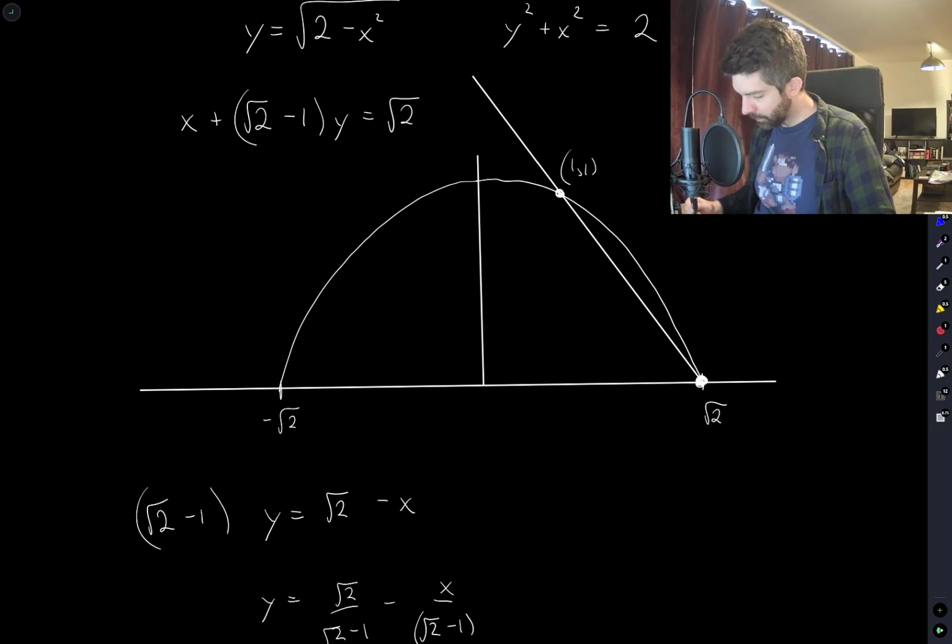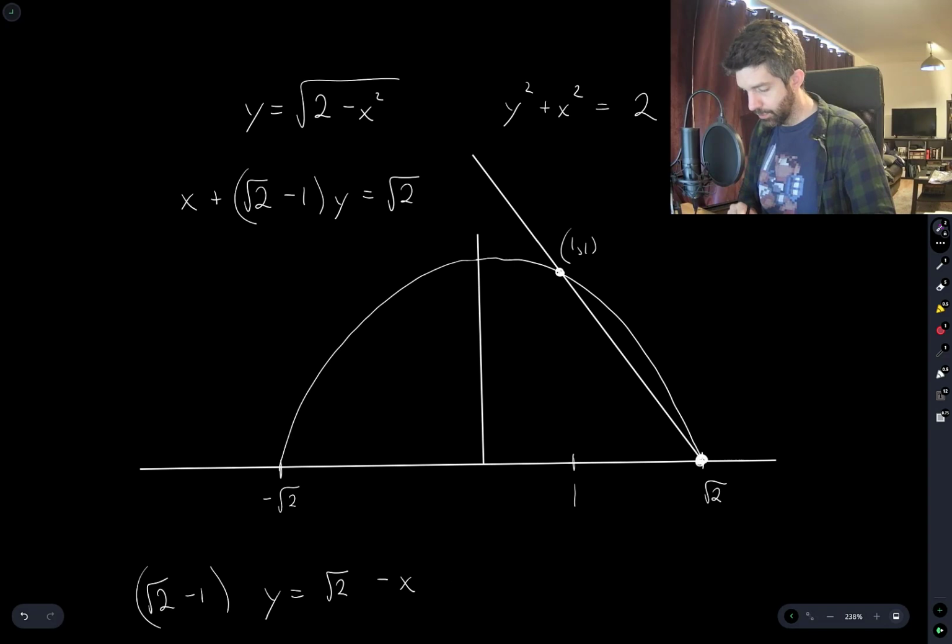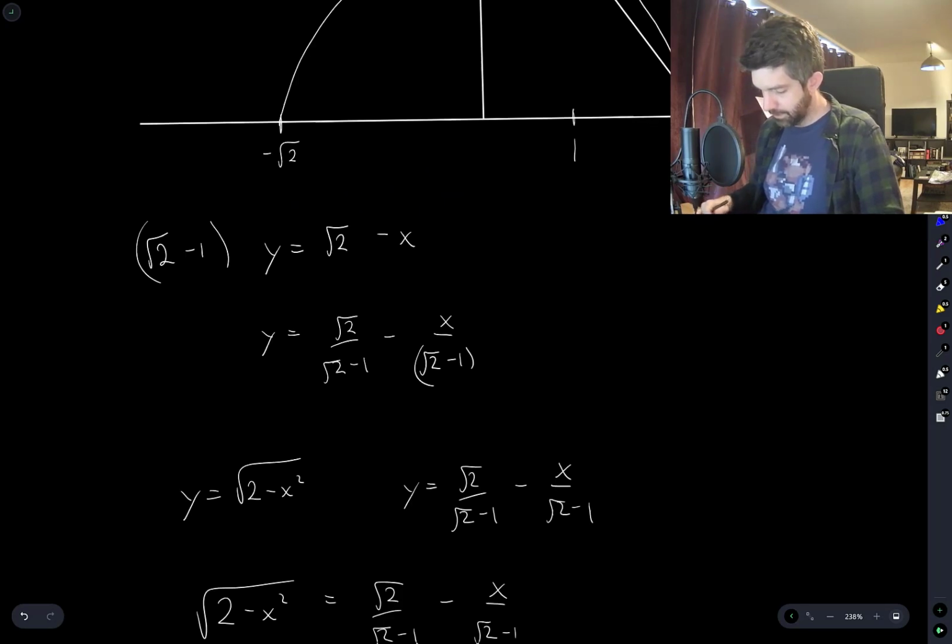So on the one hand, I'm tempted to just write out an integral and compute this, right? We'll be integrating from 1 to root 2. We'll integrate that function, and then we'll integrate the other function and just take a difference. Yeah, I think that's probably the best thing to do.